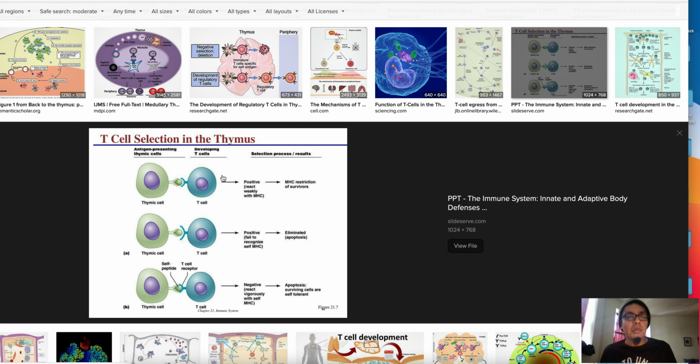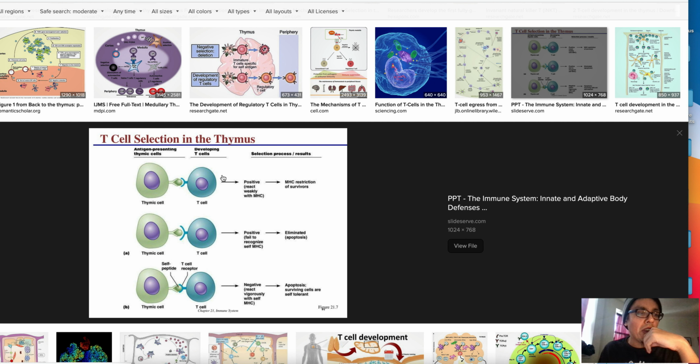So they have to weakly react with the MHC. The first test is basically a test of whether the enemy can be recognized, right? Before they go through any test, these T cells are called double negative T cells. Then they go through their first test, and they become the second stage T cells, like single positive, single negative.